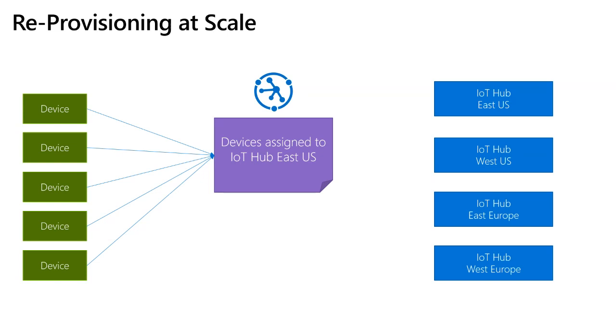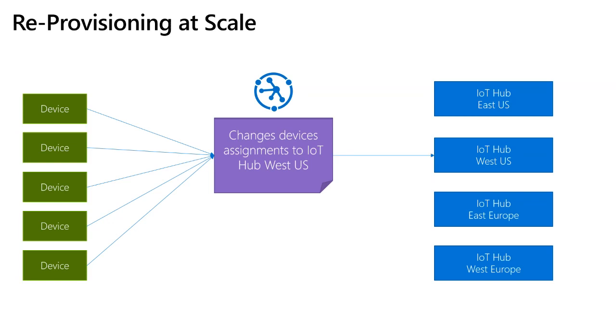For example, we have all of these devices connected to IoT Hub, maybe in East US, but you maybe need to switch regions. You can actually use Device Provisioning Service to simply change the IoT Hub assignment. This will allow devices to send out a new provisioning request to fetch new IoT Hub information.